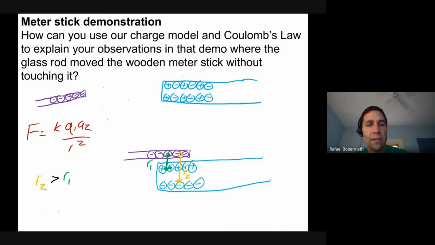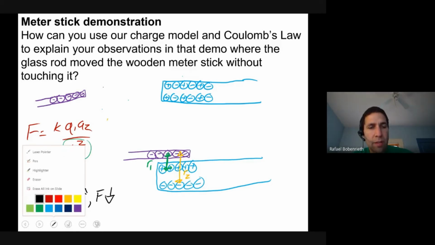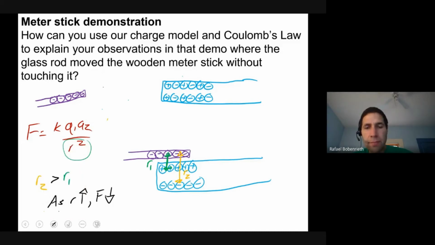And so how does that manifest itself? In Coulomb's law, if I look up here, right? Remember, as the average distance goes up, what happens? The force goes down. So if I draw a free body diagram on the meter stick, then what am I going to see? Well, I'm going to see the following. Because these negative charges are further away, they are going to exert a force. There's a repulsive force, right?